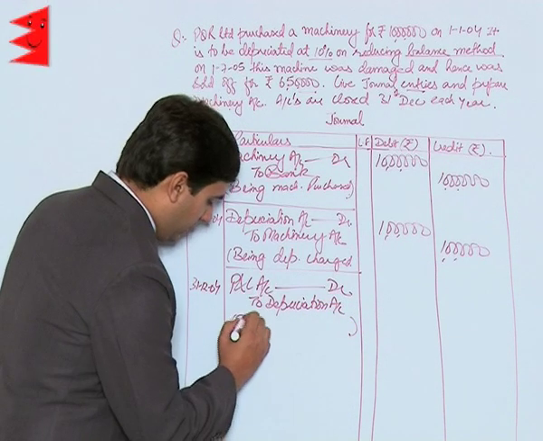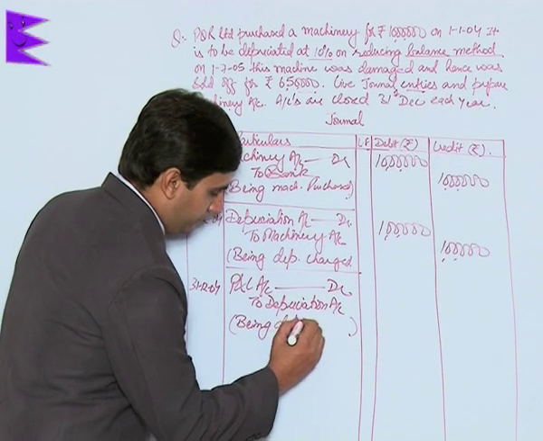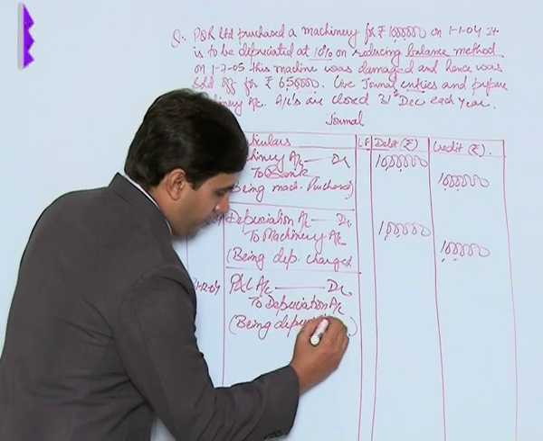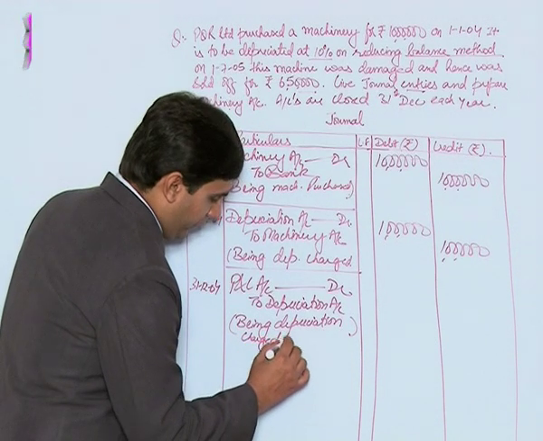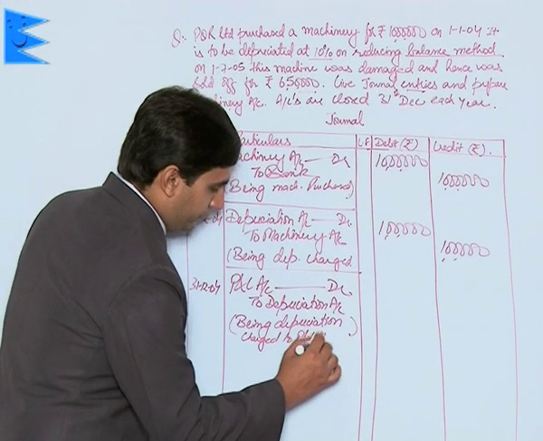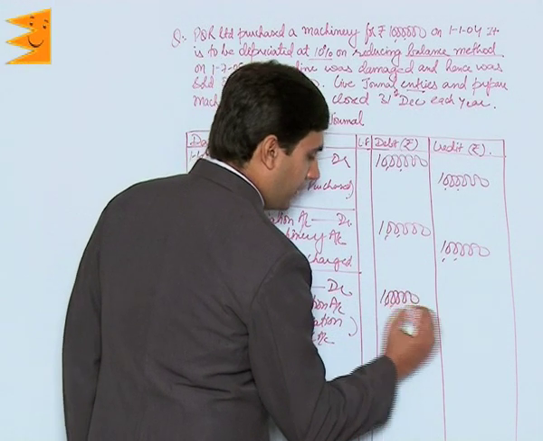The narration would be being depreciation charged to profit and loss account, and the amount would be rupees 1 lakh.